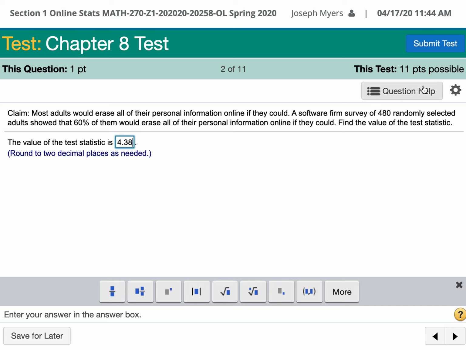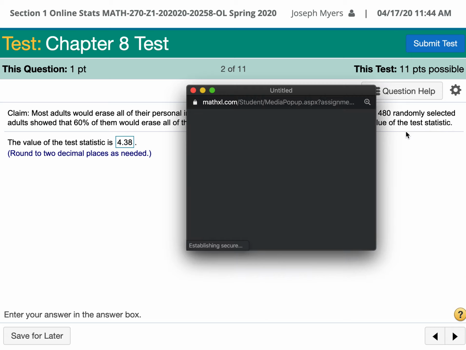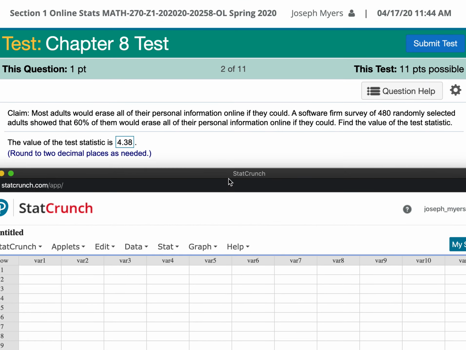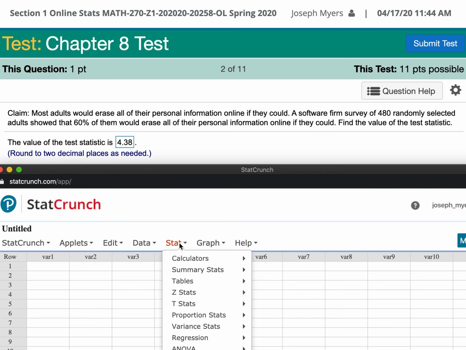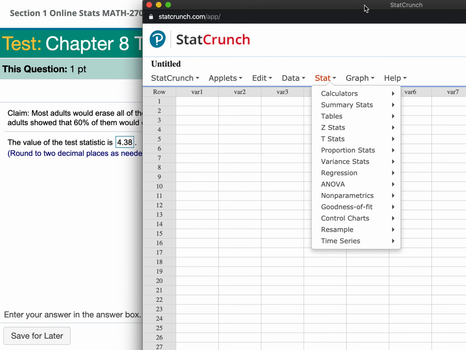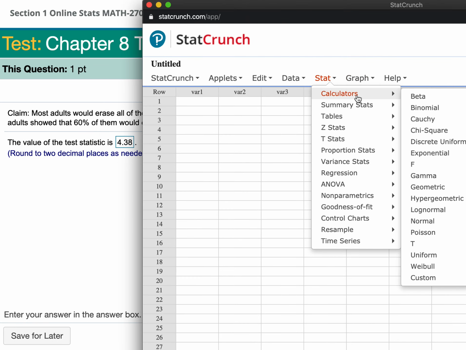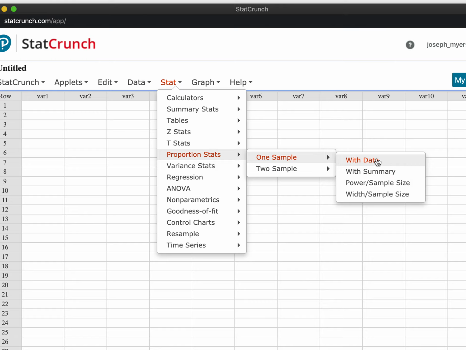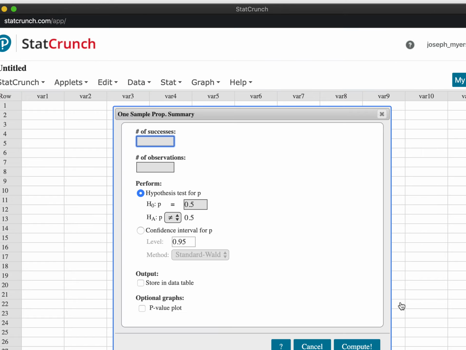Now I'll show you another way of doing it as well. You can open StatCrunch, and then go to Stats, proportion stats, one sample, with summary.